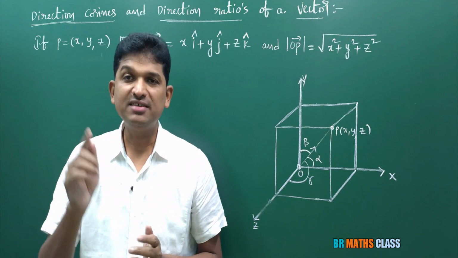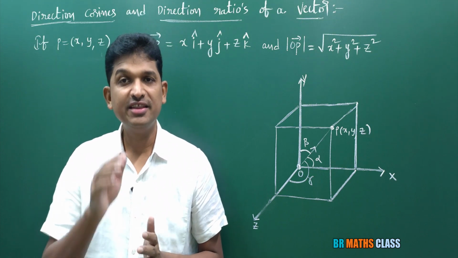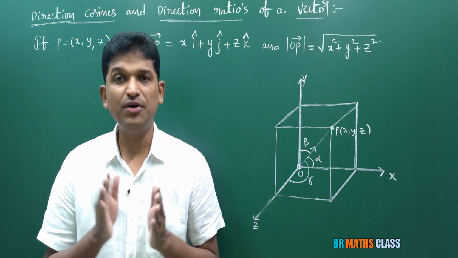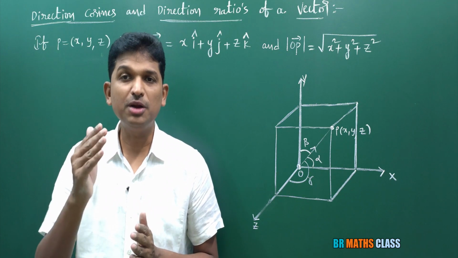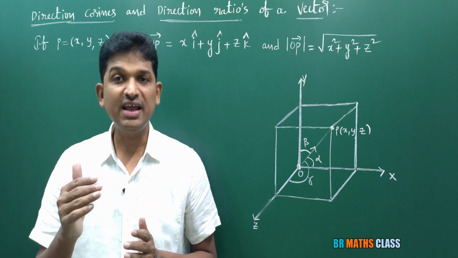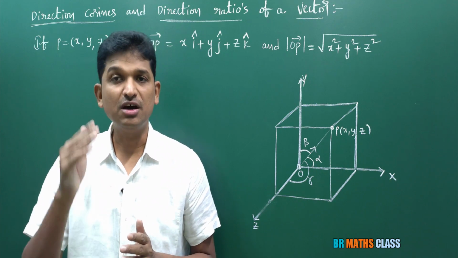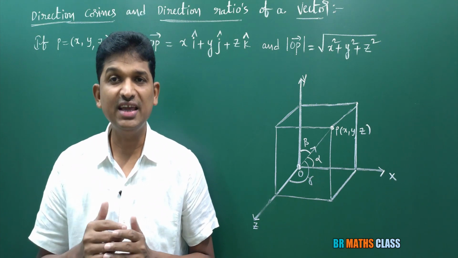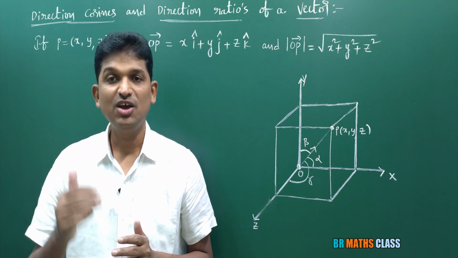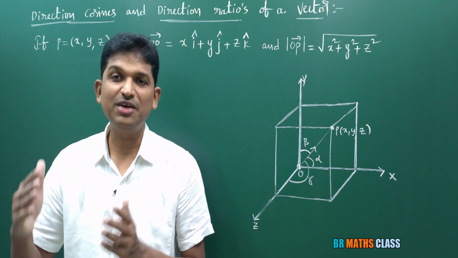If OP bar makes an angle beta with y-axis, then PO bar makes an angle 180 degrees minus beta. If OP bar makes an angle gamma with z-axis, then PO bar makes an angle 180 degrees minus gamma with z-axis.